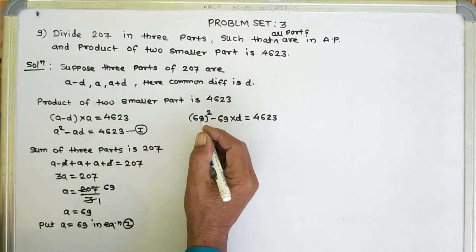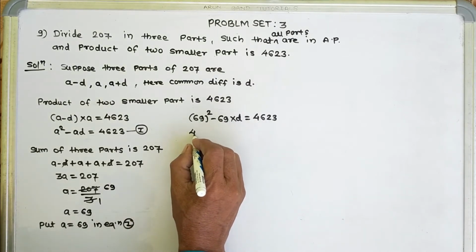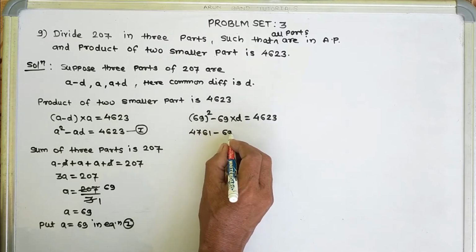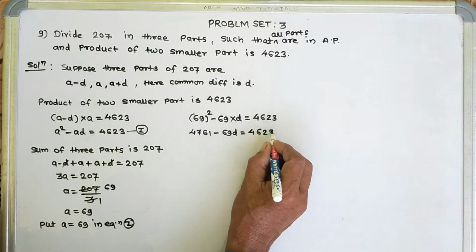Here square of 69 is 4761 minus 69d will be equal to 4623.